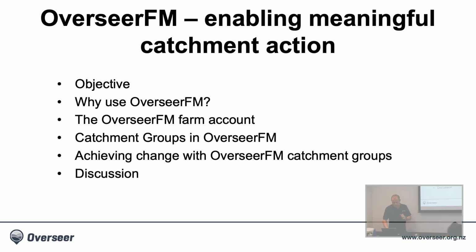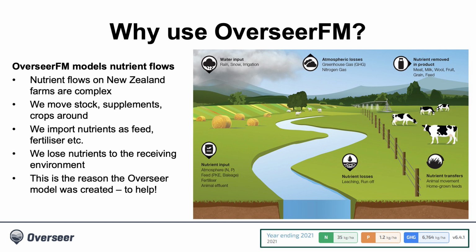Because one of the things that we touched on with some of the earlier groups is I guess there's still a little bit of misunderstanding about not only what Overseer is, but also the ownership structure and our operating model. So Overseer Limited operates OverseerFM and Overseer Ed and Overseer Science. And we are essentially a not-for-profit software as a service business.